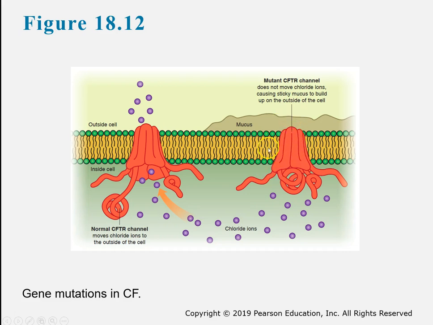What does it cause? It causes a defect in a chloride channel, to which now chloride ions can't move the way they should, and you get this thick mucus that builds up, and then you can talk about all the symptoms from there. So when I'm talking about causes and when you guys are doing your project, that's the type of explanation I expect.